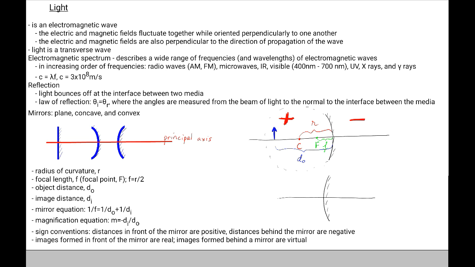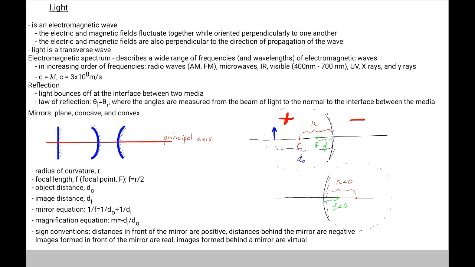So the convex mirror is part of a circle that actually has the center behind the mirror. So that means that this radius, by convention, will be negative. Since the focal length is on this side of the mirror, the focal length will also be negative. So we have to pay attention very carefully to the conventions of signs.